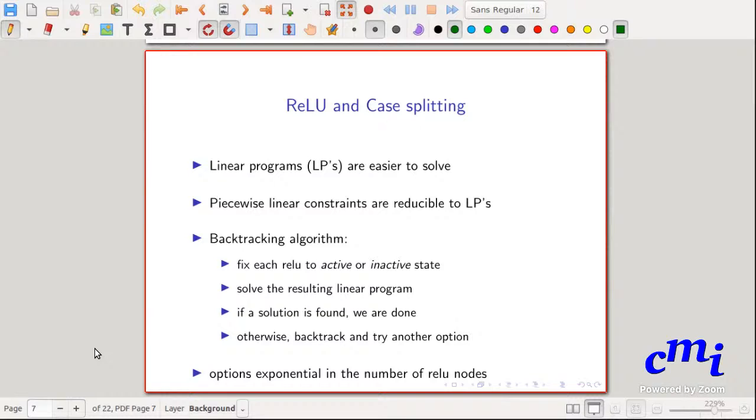Okay. So the algorithm essentially is a backtracking algorithm. So how does a backtracking algorithm work? Like how you would know SAT solvers work, right? You have to decide whether something is satisfiable or not. So you try to make a decision about some variable having some value.